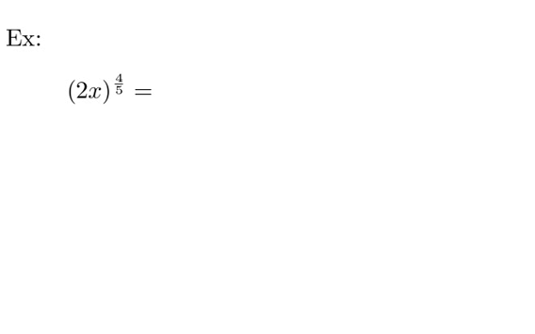So that's going to be equal to the 5th root of (2x) to the power of 4. So the 5 became the root, 2x on the inside, and then the 4 just on the inside of it.